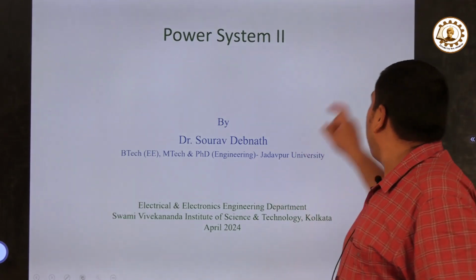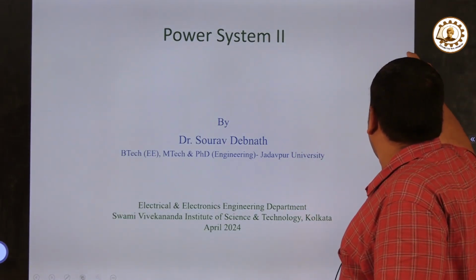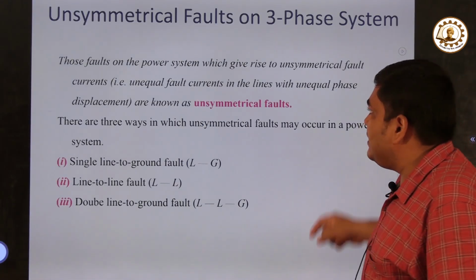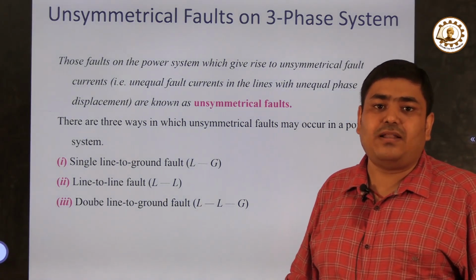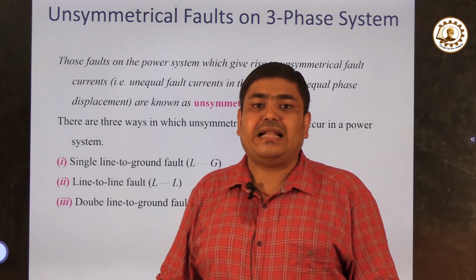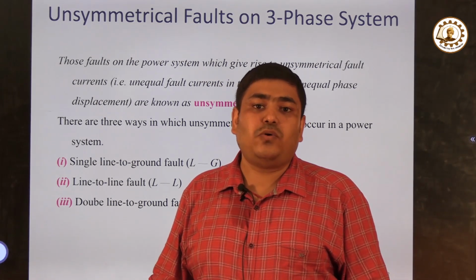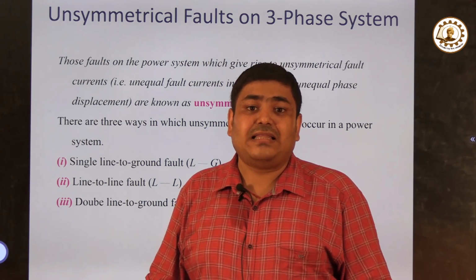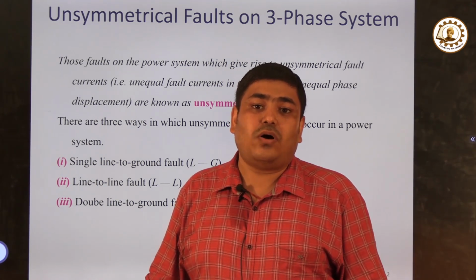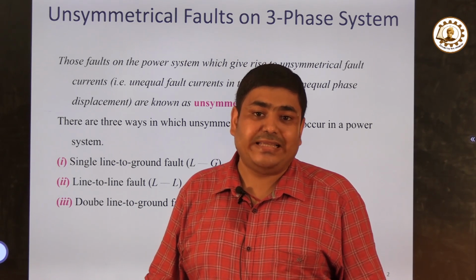Here, what do you mean by unsymmetrical fault? Unsymmetrical fault gives rise to the unsymmetrical fault current. That means unequal fault current in each phase and the phase displacement is not equal to 120 degree.